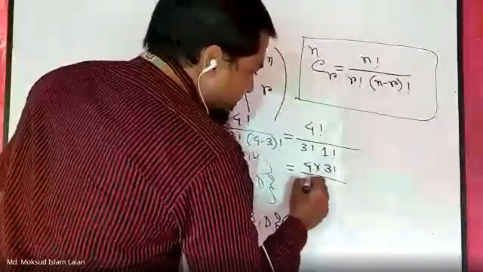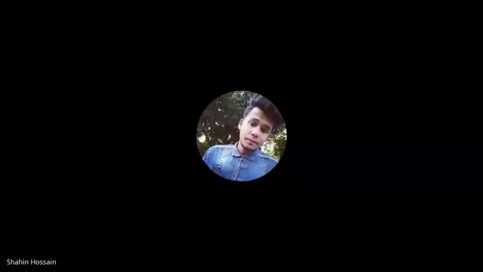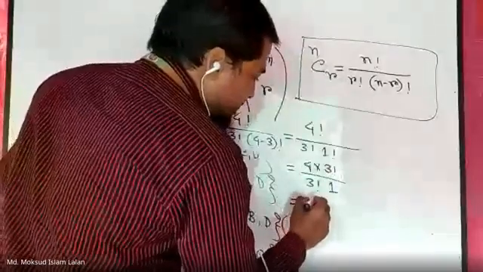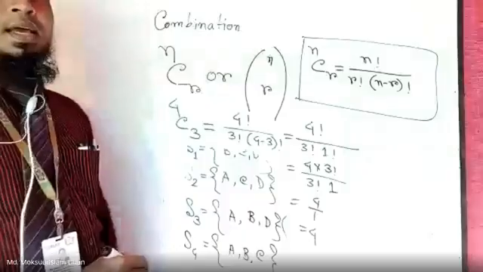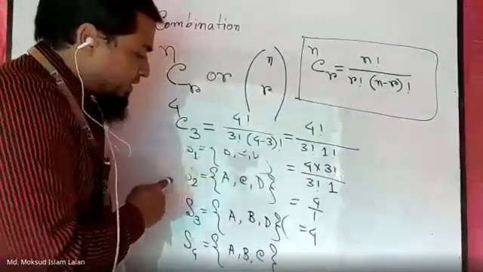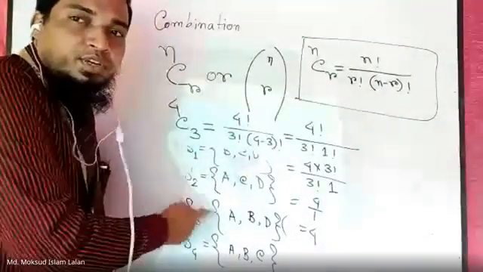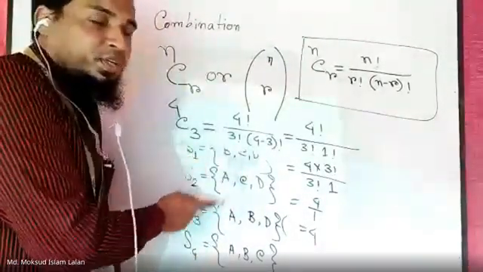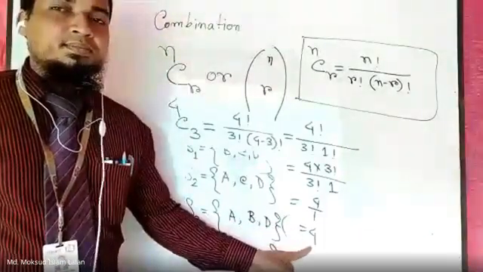And 1 factorial equals 1, right? So the 3 factorial you can cancel. 4 divided by 1 equals 4. That's the answer, 4. And that's why you will get how many combinations? S1, S2, S3, S4. 1, 2, 3, 4. There are 4 combinations you will get mathematically. Do you understand?